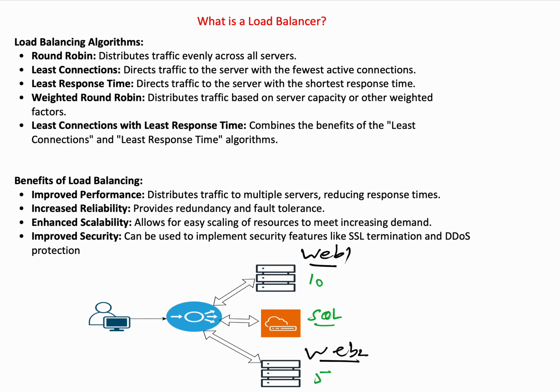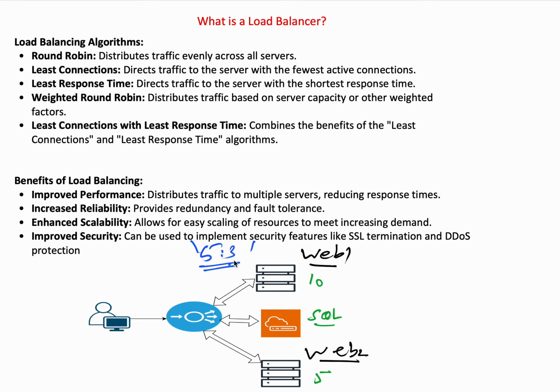The next one is weighted round robin. It is again round robin, but it depends on the server capacity or other weighing factors. You also have a weighing ratio. You can just put the weighing ratio as 5 is to 3: 5 connections to web 1, 3 connections to web 2. Simple configuration that is actually used in real time scenarios. Usually it's in the ratio 5 to 3.